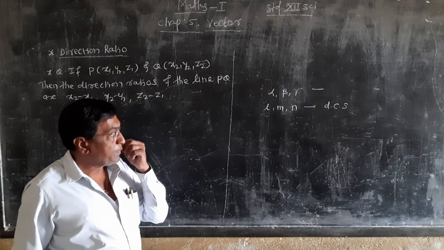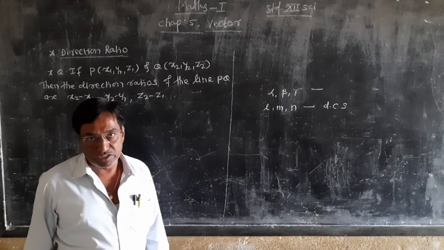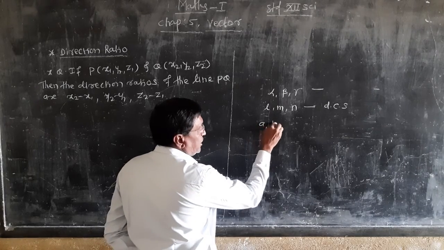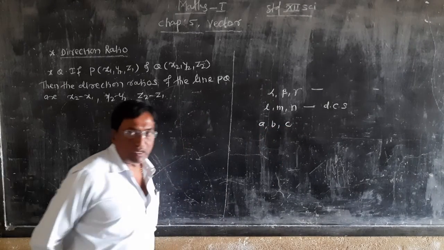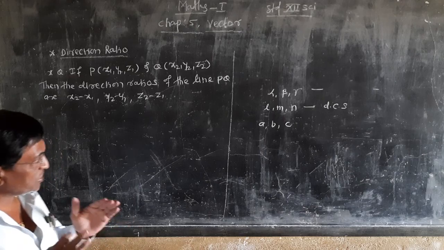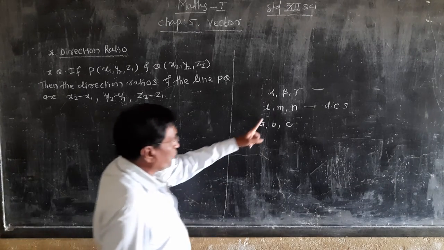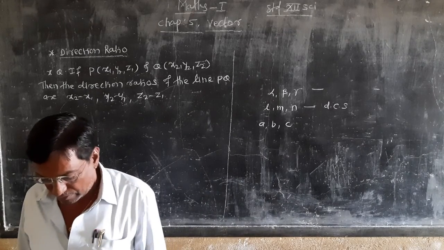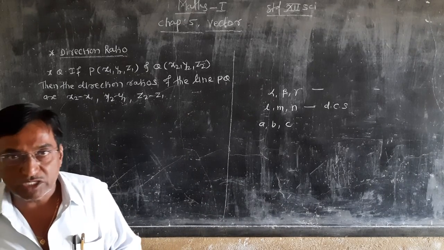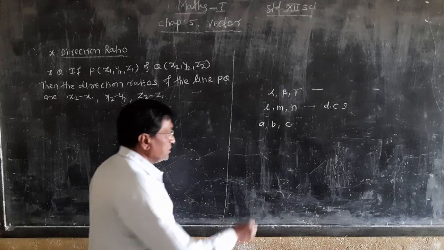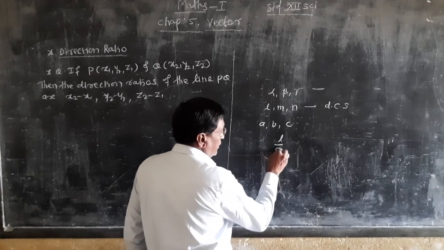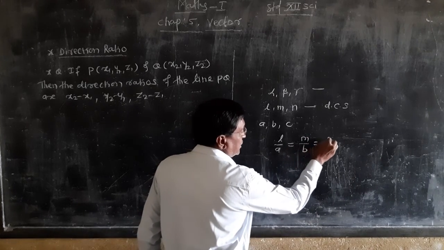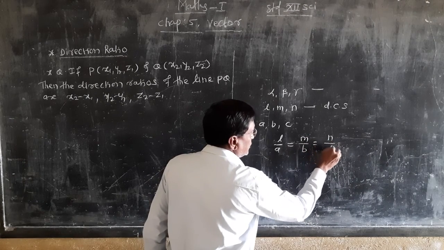So these l, m, n are the direction cosines of the line, and suppose that the numbers a, b and c are proportional to the direction cosines l, m, n, that is, l upon a is the same as m upon b is the same as n upon c.